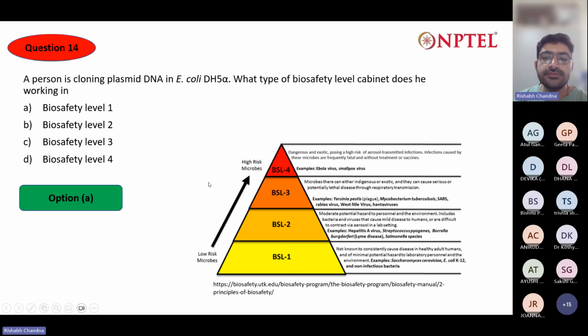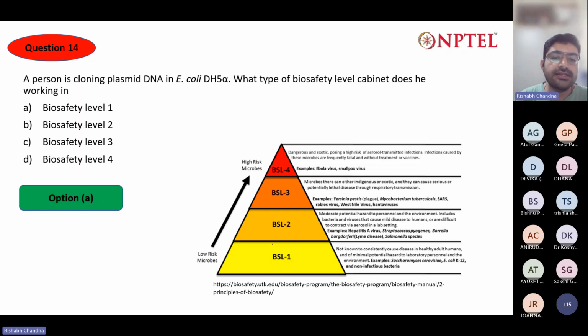As we rise from BSL1 to BSL4, there is an increase in risk with the microbes or organisms that we are handling. BSL1 is used for organisms that are not harmful to humans, and will not cause any potential laboratory hazard or outbreak.